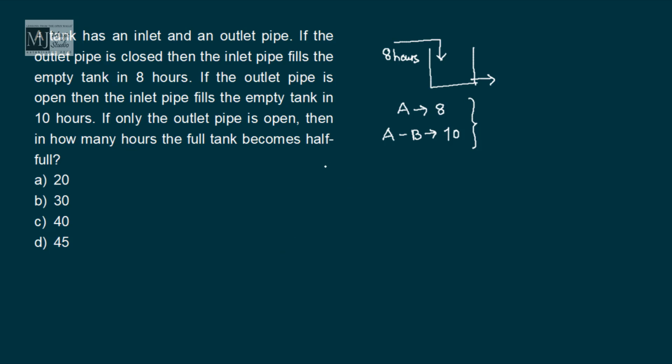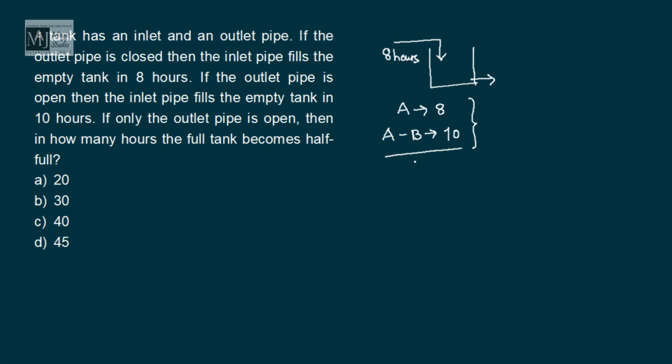Okay. So, first of all, I need to know how much time this outlet pipe will take to empty the full tank. And based on that, the question is asked, isn't it? What is the question? If only the outlet pipe is open, then in how many hours the full tank becomes half full? I need to subtract these two.